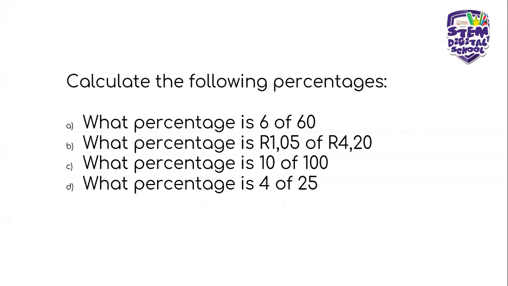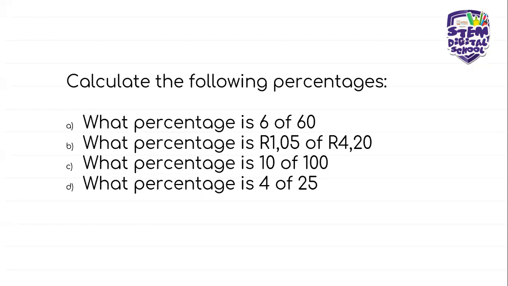And of course, if you multiply that by 100, this will be 10%. Kylie got it right, Lisedi as well, and they are saying they got 10%. So as we did with the previous example, this will be 6 out of 60, then you multiply by 100.